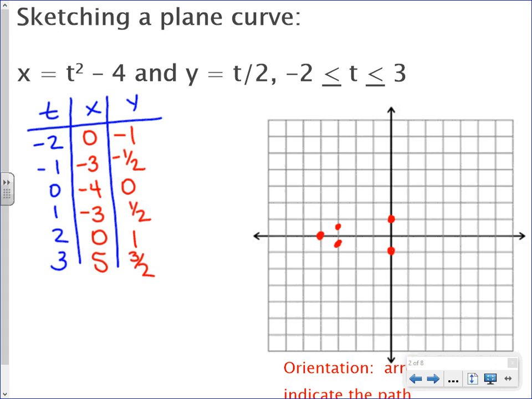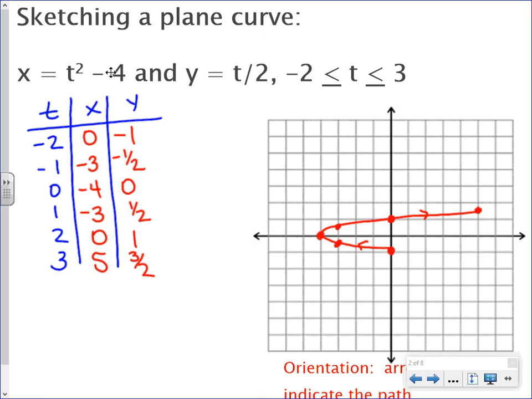And then t is 3 is 5, 3/2. Okay? So if we follow the order of our t values, we plotted these points in this order. So we would need to indicate those arrows in that manner.